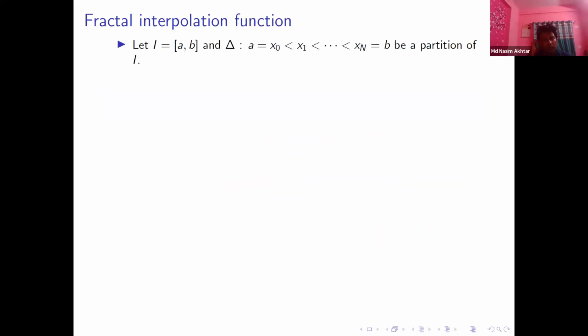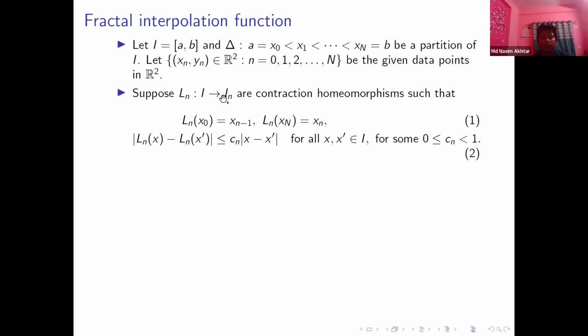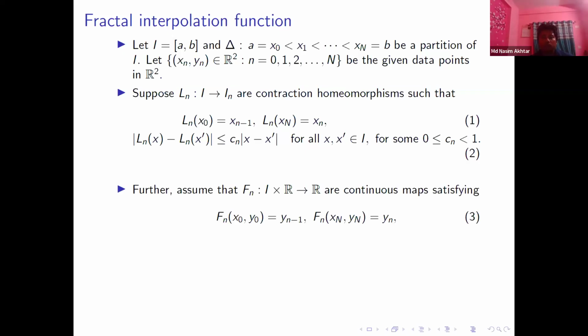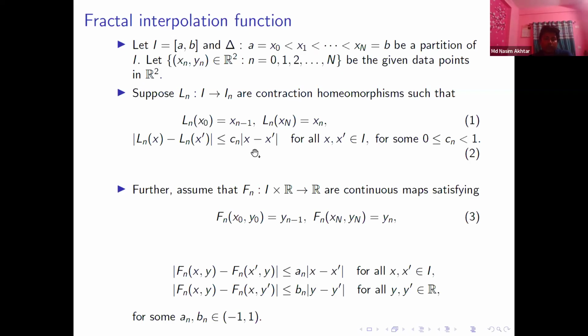We now quickly recall what a fractal interpolation function is. For that, data points are given on the closed interval I, the data set is (xn, yn), and there are N contractive homeomorphisms Ln from I to In, where In is the nth subinterval, which satisfy the join-up condition.